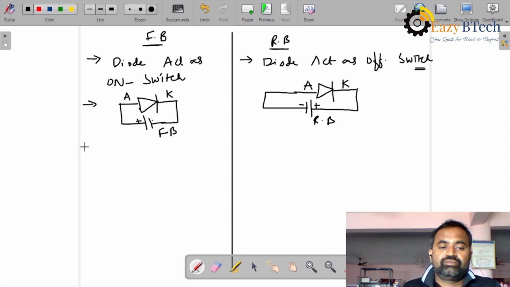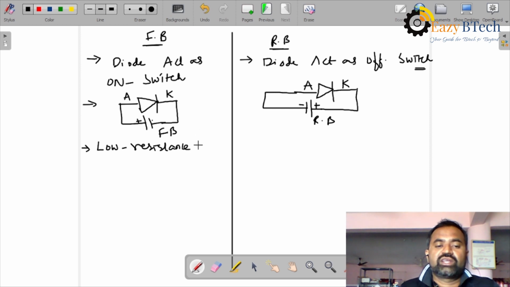Next, low resistance path. Under forward bias, the diode resistance is from some ohms to about a kilo ohm.